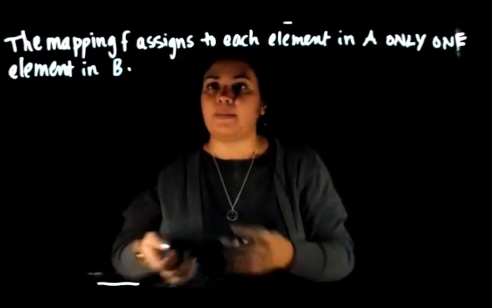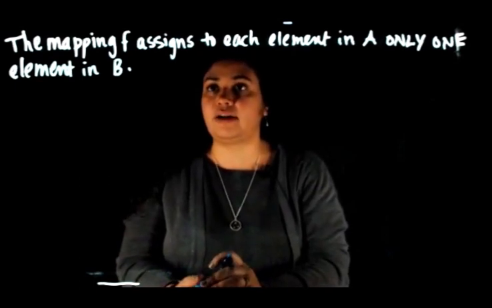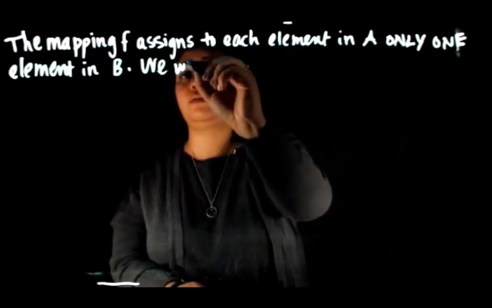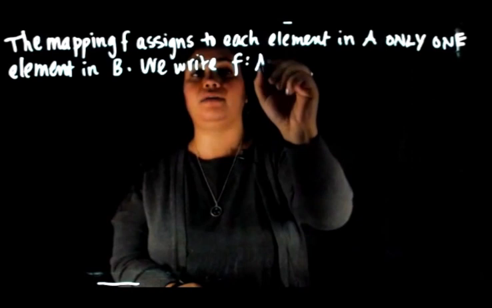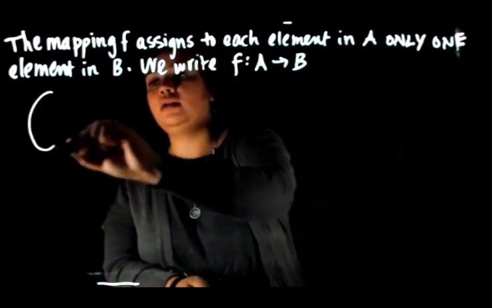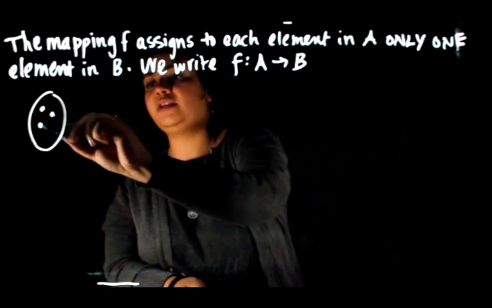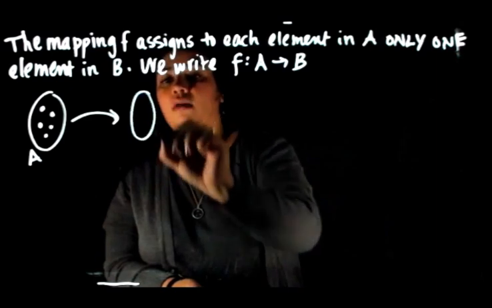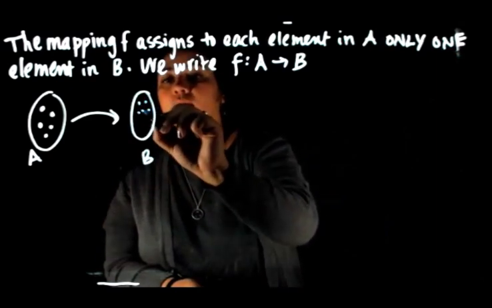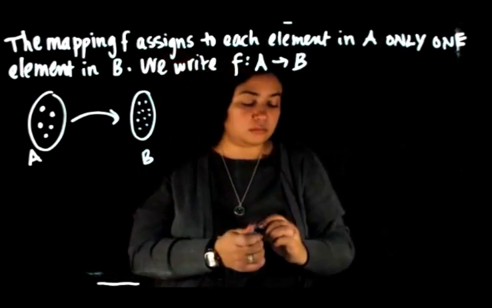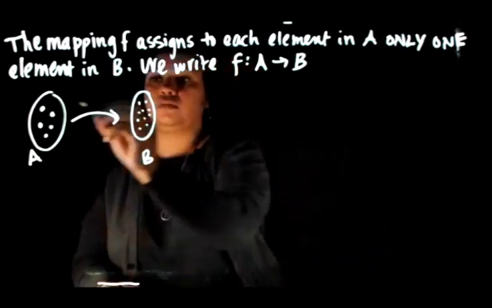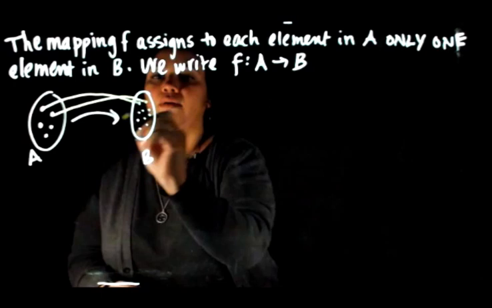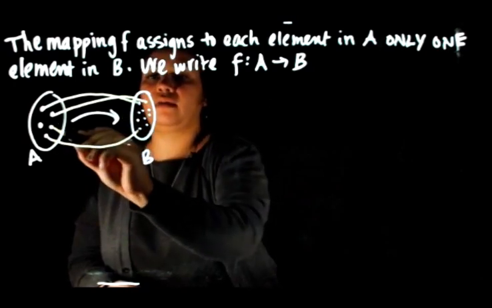Okay, so the mapping f, the name of our function is little f, assigns to each element in A only one element in B. And instead of saying all of that, we write f goes from A to B. And in our schematic, if we try to picture the elements in A, the mapping to B, we can say, well, I want this element to go here, this one to go there, this one here, and this one there.